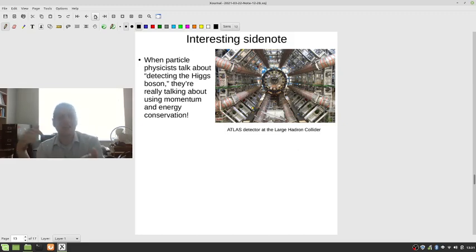So, for instance, in the early 20th century, Rutherford discovered the nucleus of the atom by shooting alpha particles, which are basically helium nuclei, at a very thin sheet of gold. And because he was able to look at the momentum change of those particles, he was able to infer a lot of things about the gold foil.